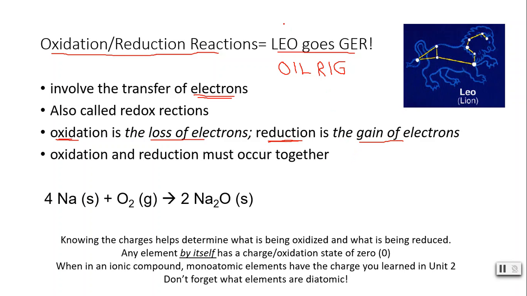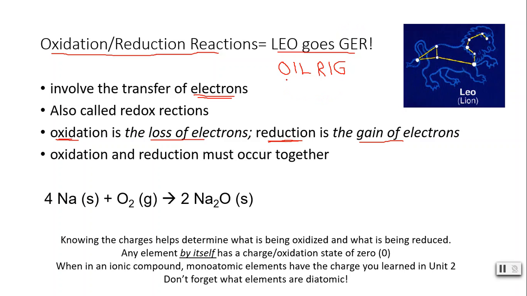So hopefully you can see why LEO goes GER and OIL RIG would be two ways to remember what an oxidation reduction reaction is. LEO goes GER means loss of electrons, oxidation, gain of electrons, reduction.